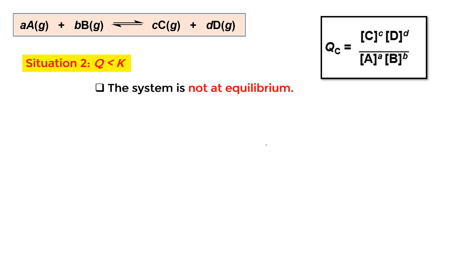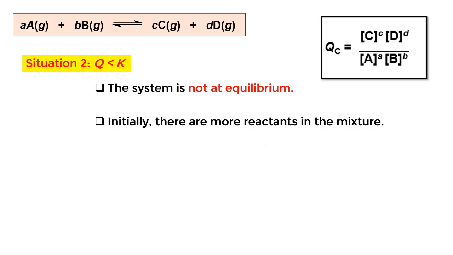How? Alright. Okay. So, you kena faham terlebih dahulu when the value of Q less than K, it shows that in the system there are more reactants in the mixture. Maksudnya dalam reaction itu pada ketika ini amount reactant itu lebih banyak berbanding produk. So, kalau kita refer kepada QC expression, reactant yang mana?